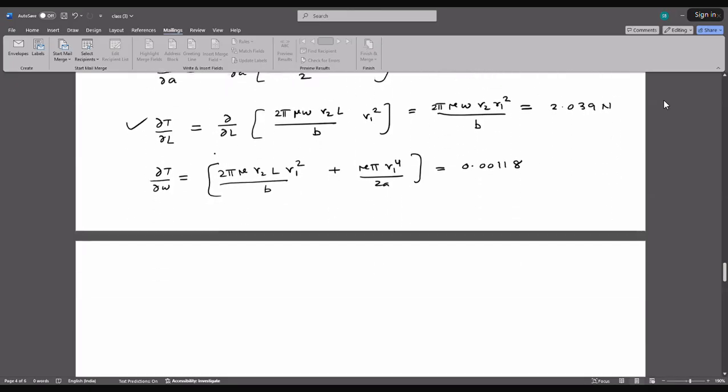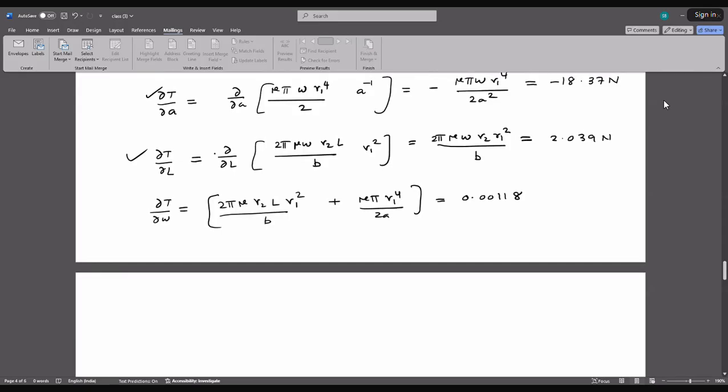So now we have all the gradients and the uncertainties. We just need to find the uncertainty in T total.